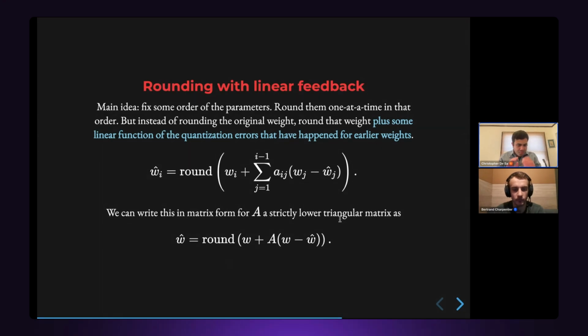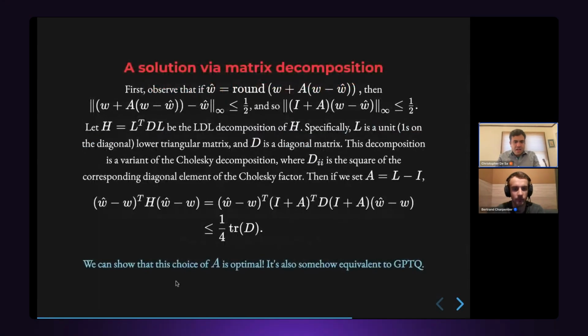Once you write the problem like this and you figure out what the expected error is, that expected error is literally just a quadratic function in A that depends on the Hessian H. And then this particular choice of the feedback weights A just drops out of solving that optimization problem mathematically. And the ability to do that is really enabled by the fact that the error feedback is linear and results in mathematical problems that are simple enough that you can kind of solve them by hand.